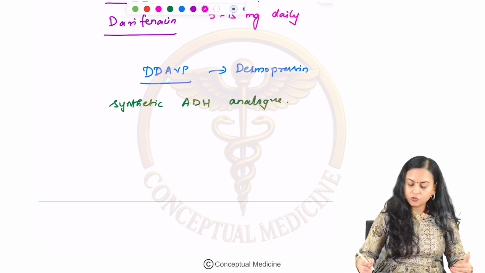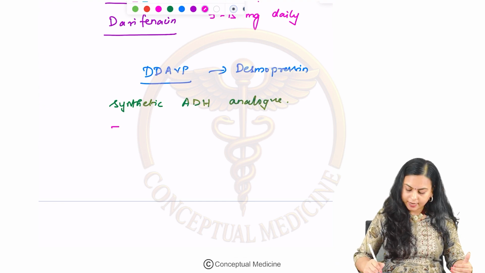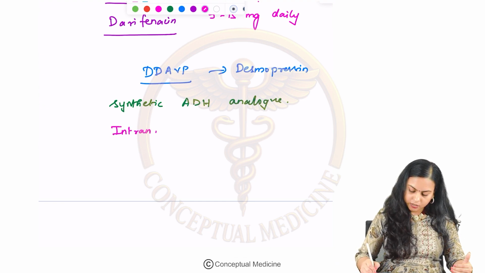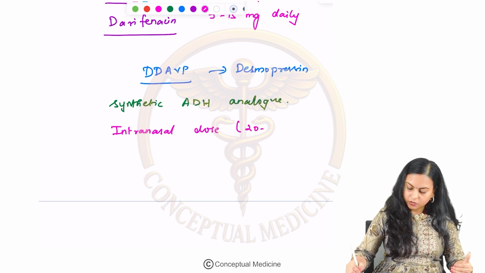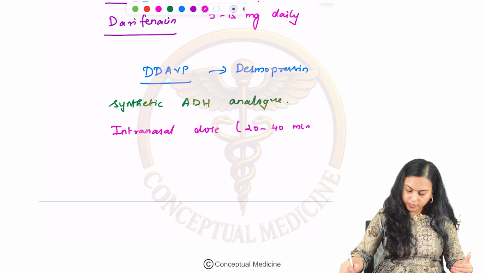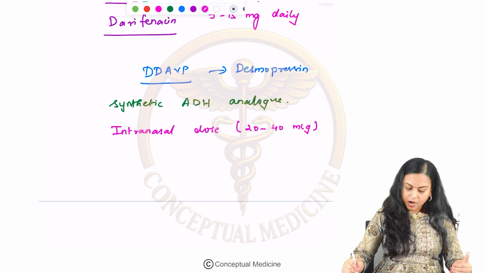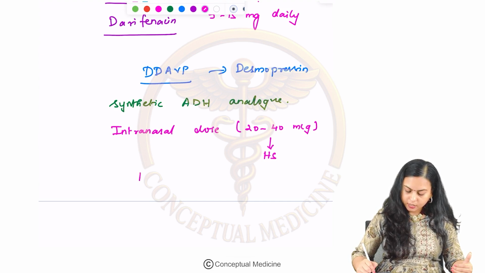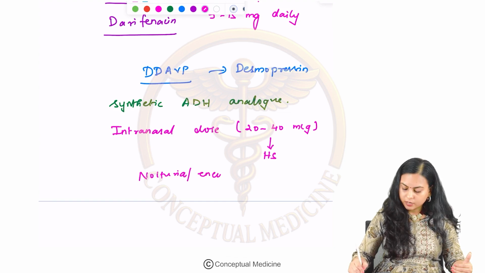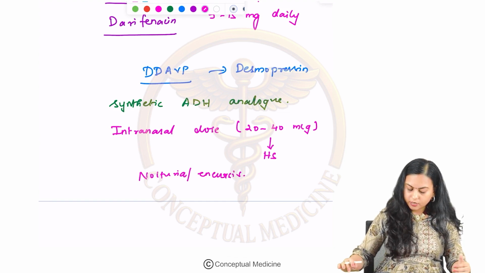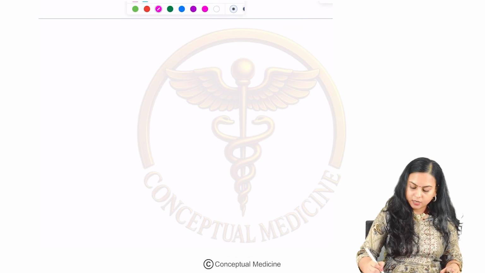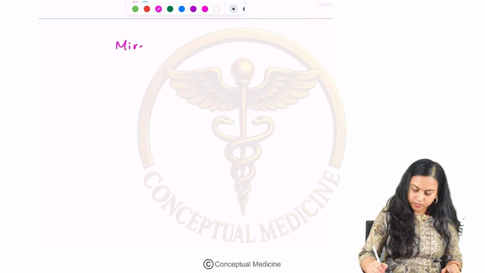This is usually given as an intranasal dose of 20 to 40 microgram at night, and it will also treat nocturia and enuresis. Clear?